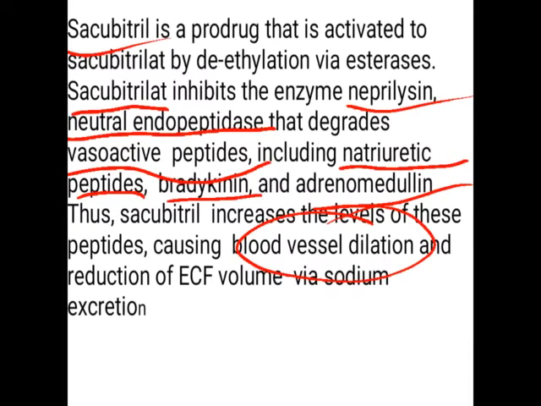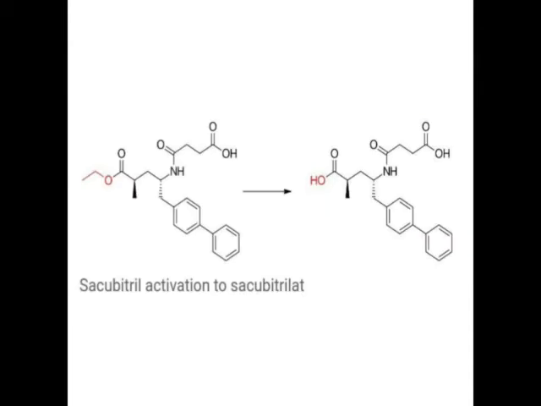So valsartan is the angiotensin 2 receptor type 1 blocker and sacubitril is a prodrug. It is converted into the active drug, that is sacubitrilat, and this sacubitrilat is responsible for inhibiting the enzyme neprilysin. So this is the structure of sacubitril and sacubitrilat. Here you can find the esterase.